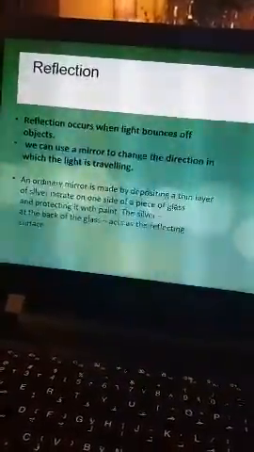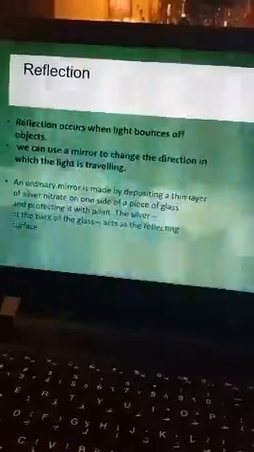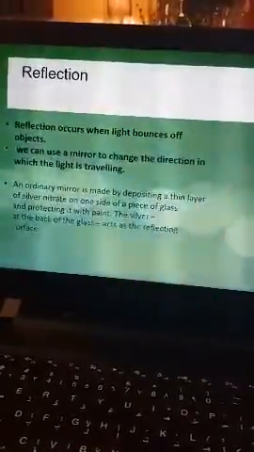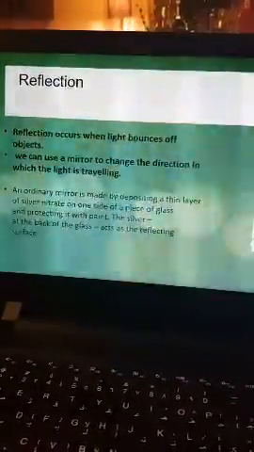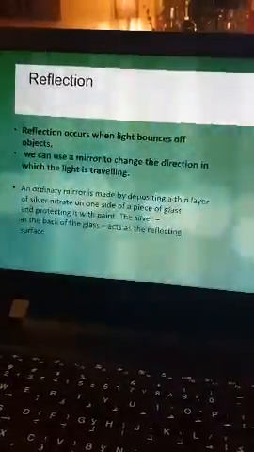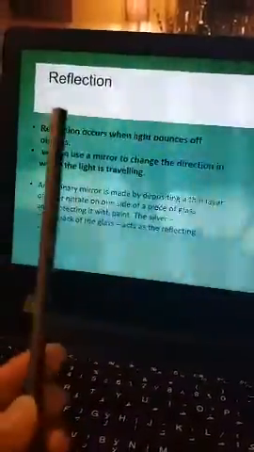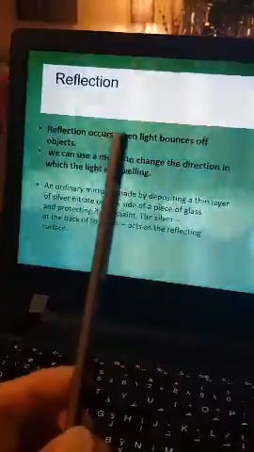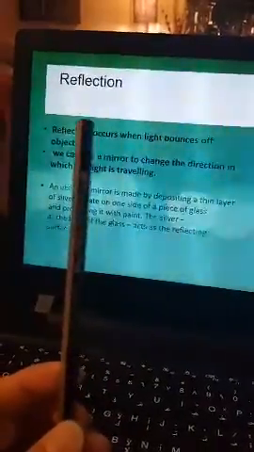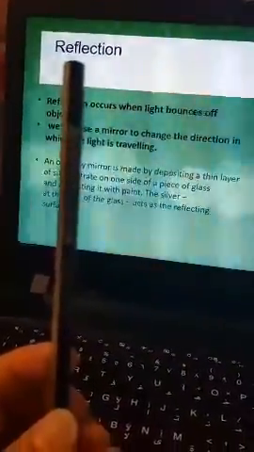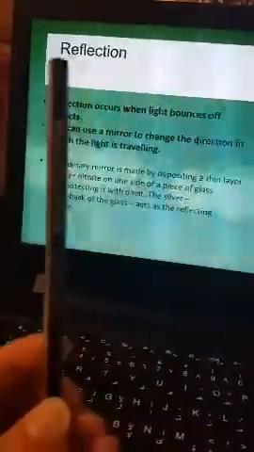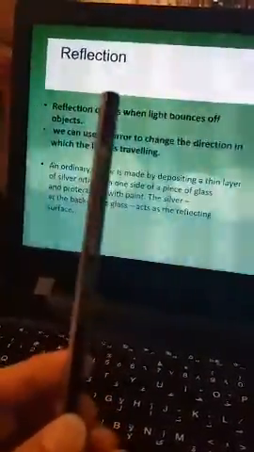So now we know that everything around us that we can see, they reflect light. When you look at any object, now here, this pencil, how can I see this pencil? Because this pencil reflects the light from any source of light around or inside this room.